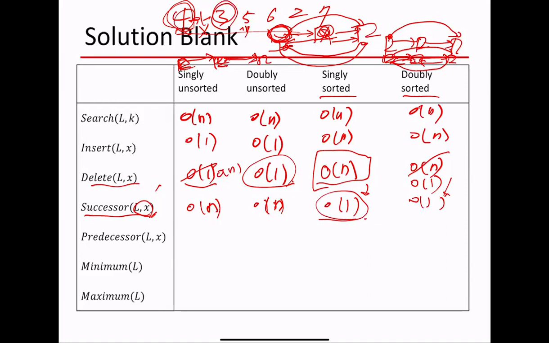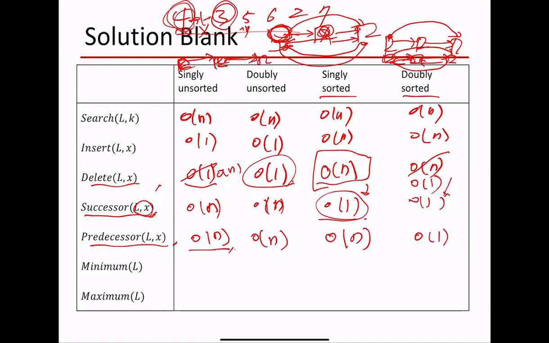Hamin, that's me. Yes, so singly unsorted is going to be O(n), doubly unsorted O(n), singly sorted O(n), and doubly sorted is going to be O(1). Okay, correct.